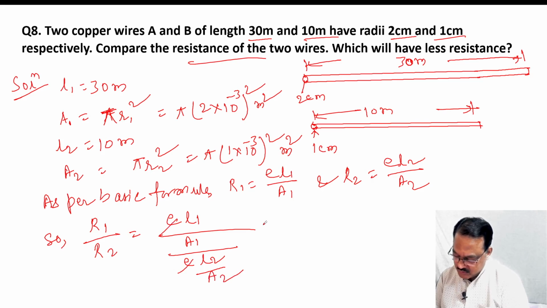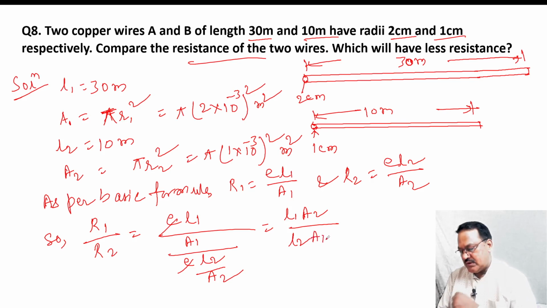So how much will it become? R1 by R2 equals L1 A2 by L2 A1. We have to write like this, and whatever the values given, we can just put the values and get the result.